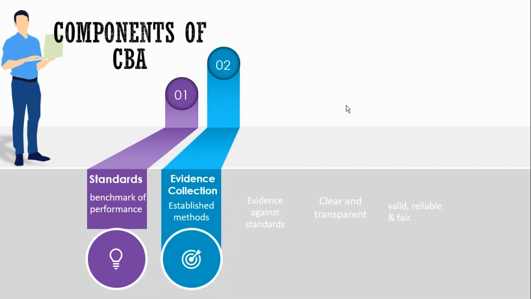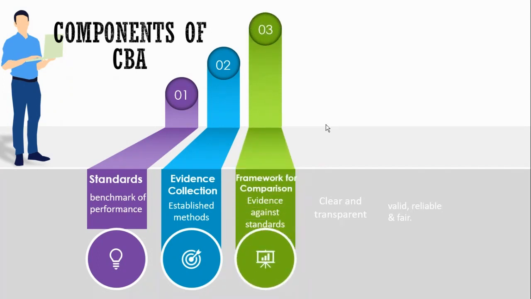So you need to establish methods of collection of this evidence. Number three is a framework for comparison. We are saying that comparison of evidence should be against standards that have been set, or benchmark of performance, so that you're able to establish what we call the performance level of that candidate. The only way you can do this is through internal and external verification. So you're going to look at quality assurance on how to conduct assessments.